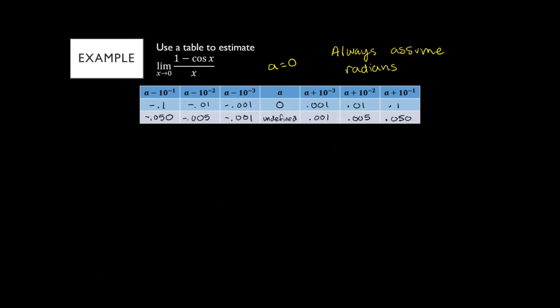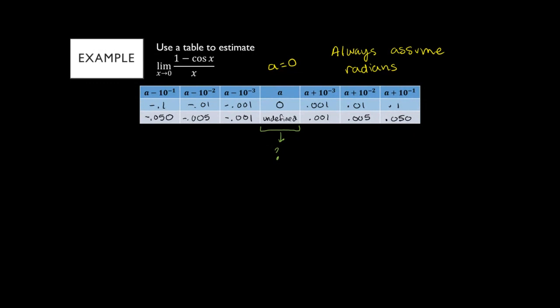And so now, because again we have this undefined value, we're trying to figure out what could go here. You want to basically pick the most obvious number. You don't have to round it to some complicated decimal or anything like that. You just pick the most obvious number, which would be 0, because you've got negatives on the left and positives on the right. 0 is kind of the natural place to put right there.